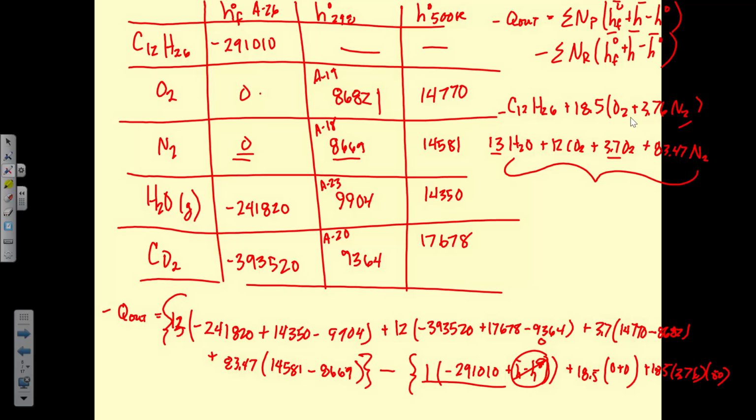So if we do all that math, we figure out that Q out is equal to 6869110 kilojoules per kilomole of fuel, C12H26.